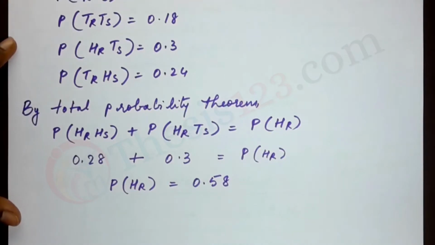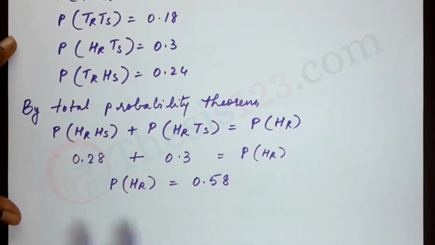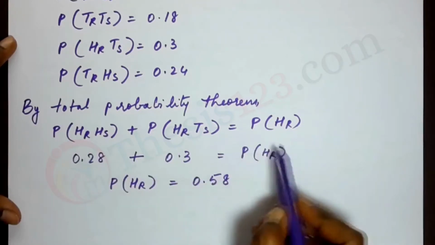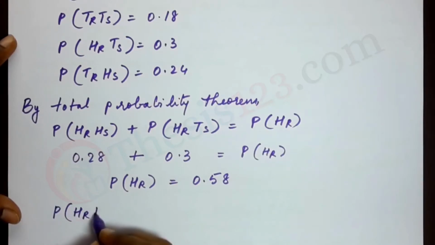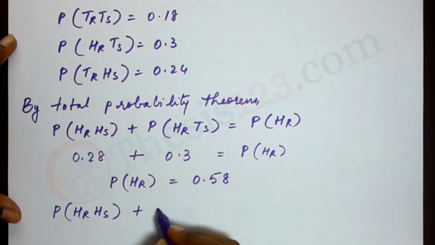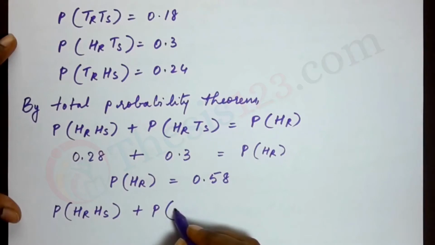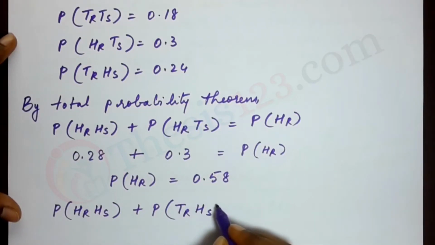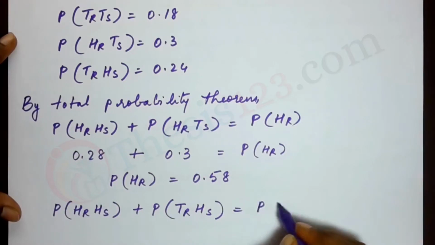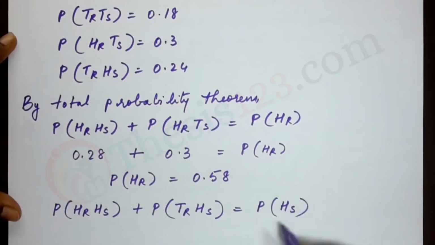Similarly, let's find the probability of HS. Using the same concept, we can write the equation: the probability of HRHS plus the probability of TRHS gives us the probability of HS.